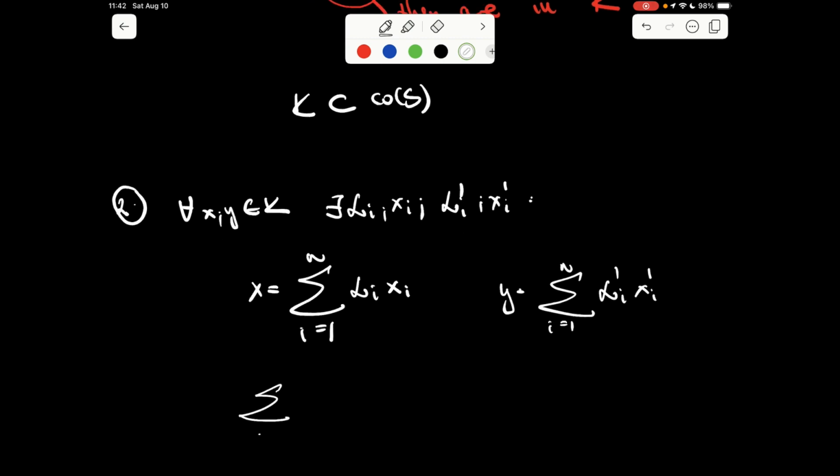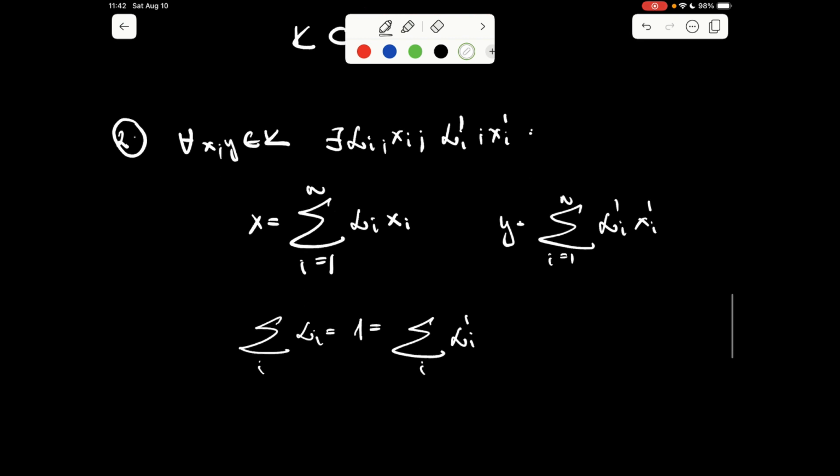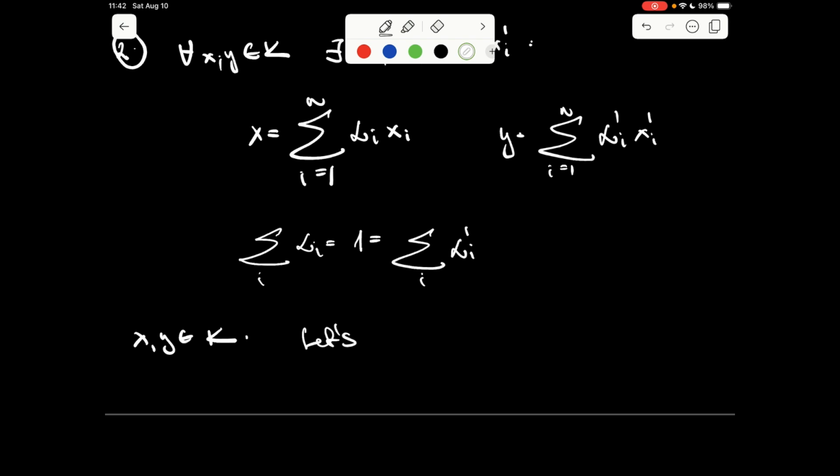So the sum of the weights in both cases is 1. Okay, so it is by definition. Please note that set K is by definition a set that contains convex combinations. So actually X and Y, they are in K. Let's pick some lambda.